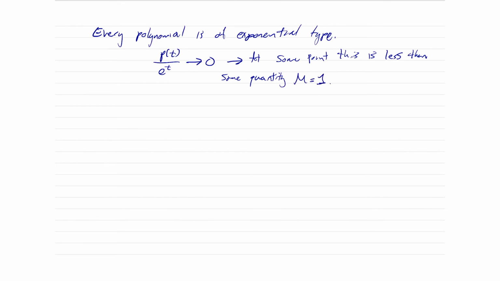and so we could pick m to be anything, so we'll just pick 1 for instance. And so p of t over e to the t is going to be less than or equal to m, we'll say 1, for big enough t, which means then that we have p of t is less than or equal to m times e to the t, and there you go. So we have polynomials are of exponential type, exponential functions are of exponential type.